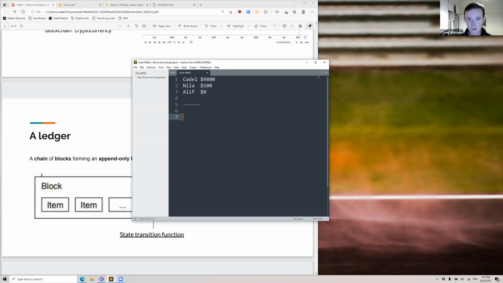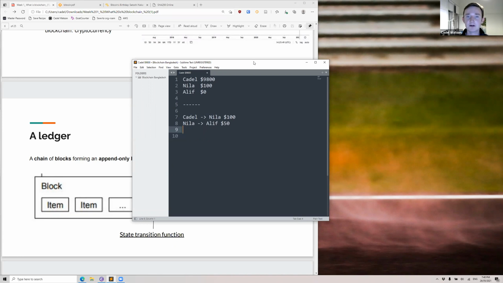So it might look like: Kagel transfers to Neela $100. Then Neela transfers to Alif $50, like this. Over time, we're never removing or editing information, we're only adding it. And this gives us the full history of what's happened with the cryptocurrency.